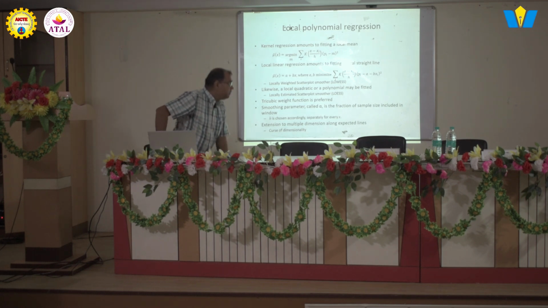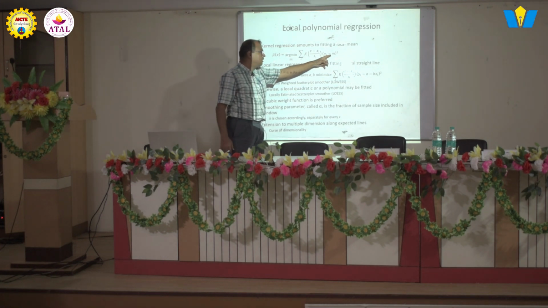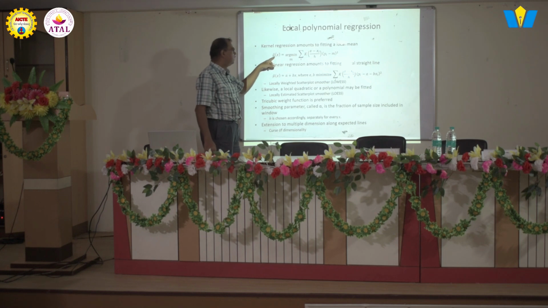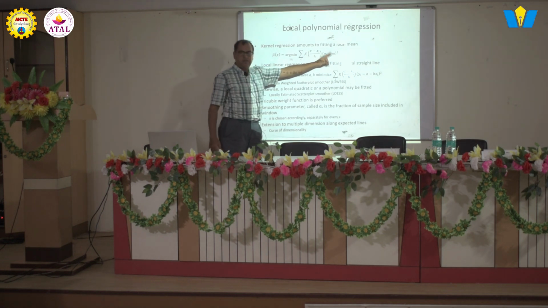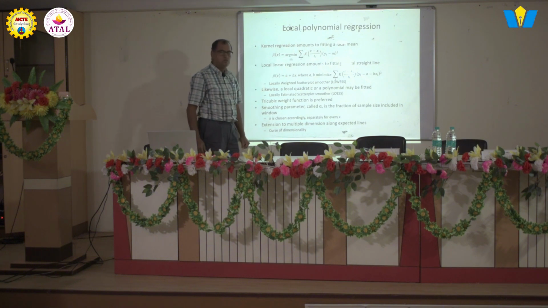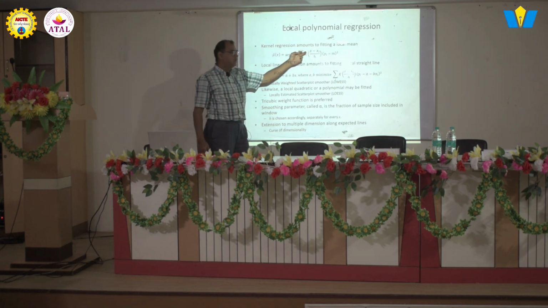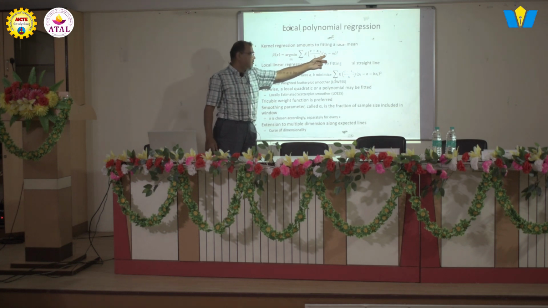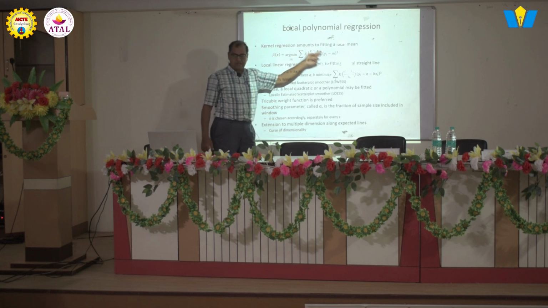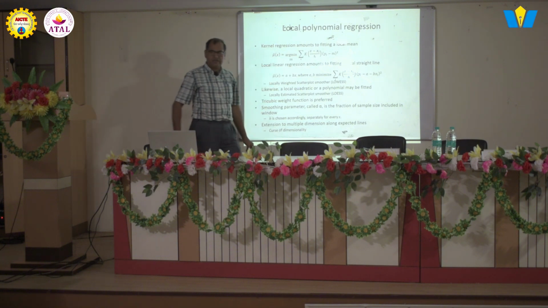Okay? If you minimize this criteria, suppose you want to find the value of n which minimizes this whole thing. So what constant put here will produce the minimum weighted sum of squared prediction errors of yi?